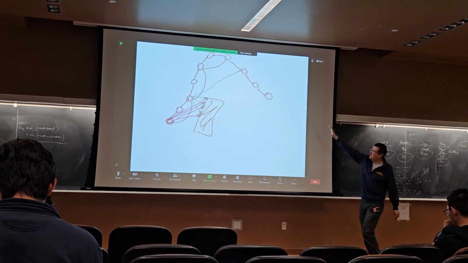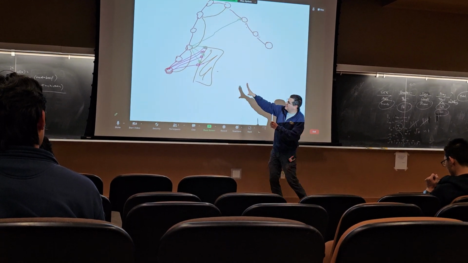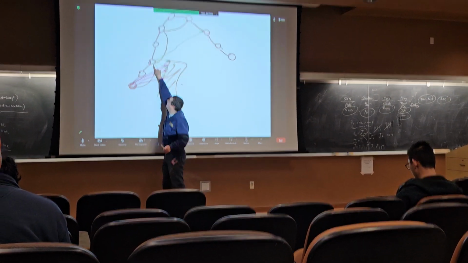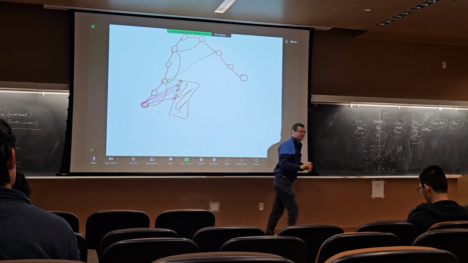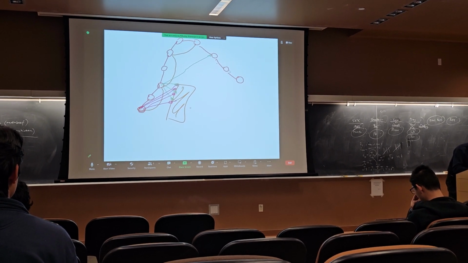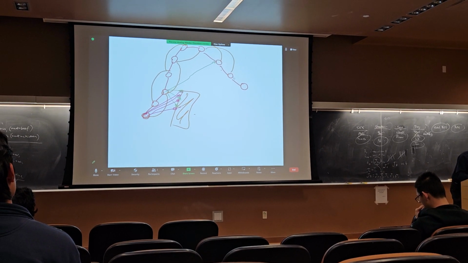So if you match the green scan and the magenta scan with ICP, this can tell you the relative transformation between this pose and this pose, and essentially create this orange constraint. And you can do this again for every 2 consecutive poses, for example. So you have orange constraints between any 2.